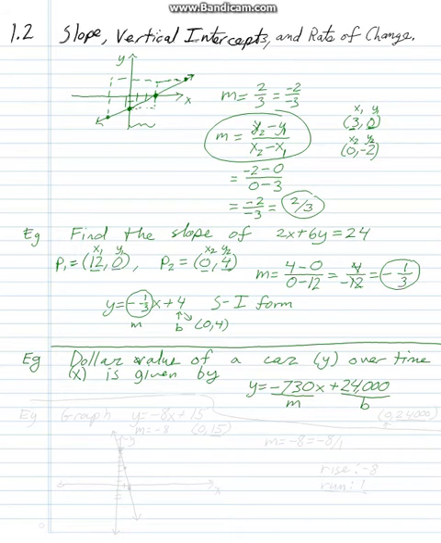Now, as a rate of change, what that means is for every increase in x, so for every additional month or year, or whatever x represents, this car is losing $730 worth of value. Now our vertical intercept is going to be located at 0, 24,000.